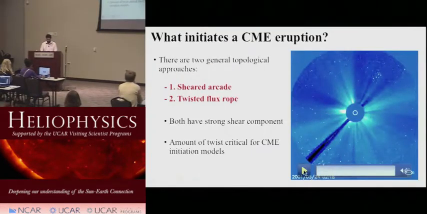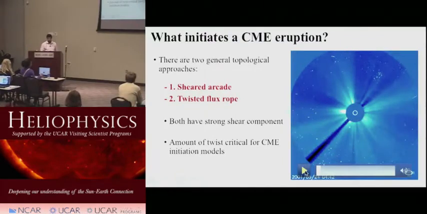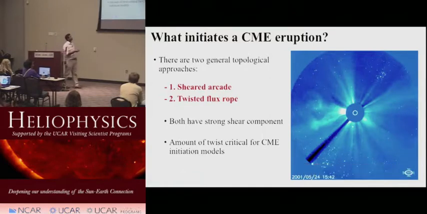So I wanted to show this as just a quick movie for the scale. This is a movie from LASCO, and as an idea of scale, the white circle here is the size of the sun.